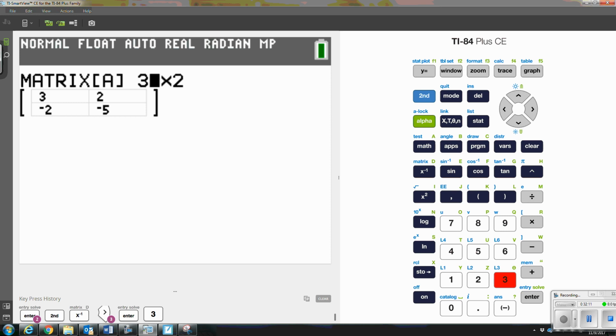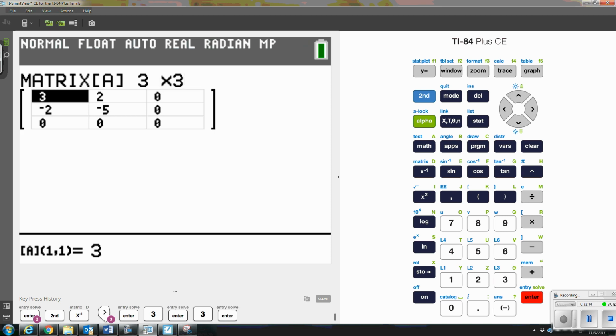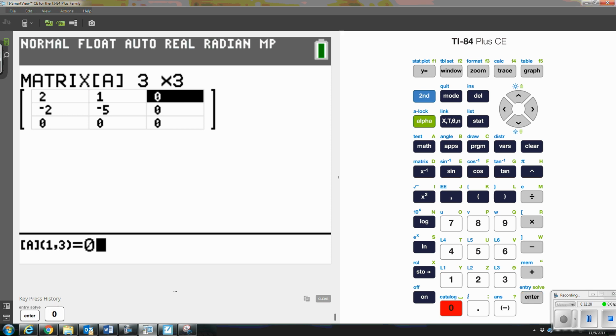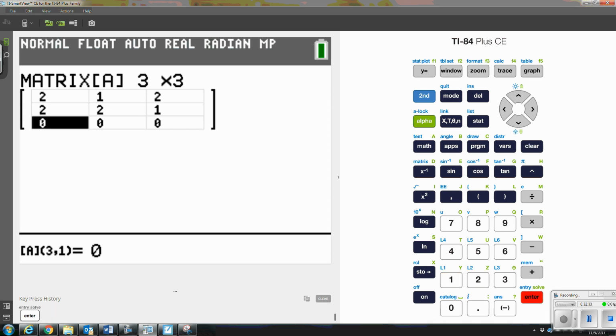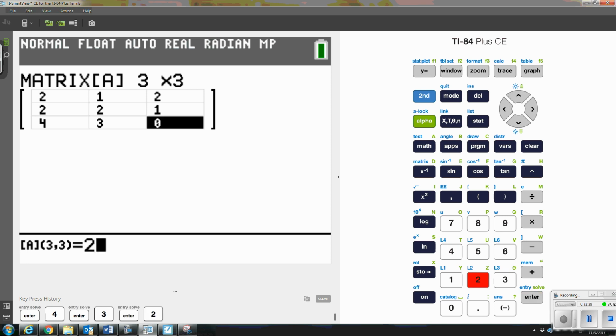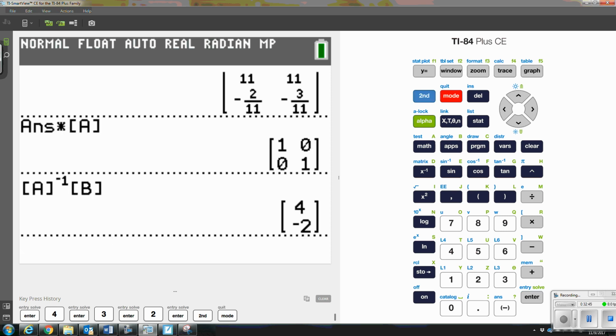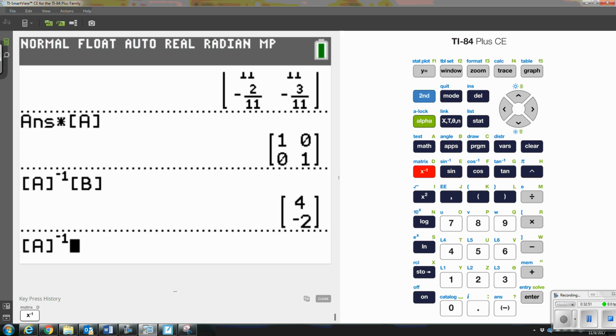And this one is a 3 by 3 matrix. Okay, and once I have my info put into my matrix A, I'm going to find the inverse. So I'm going to select matrix A, and then find the inverse of that matrix.